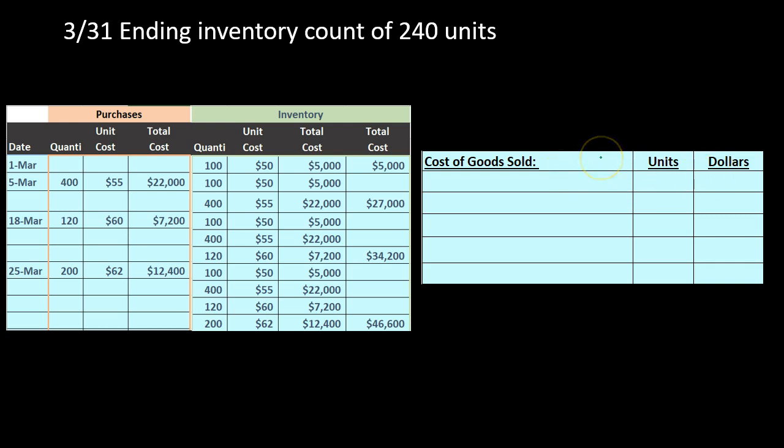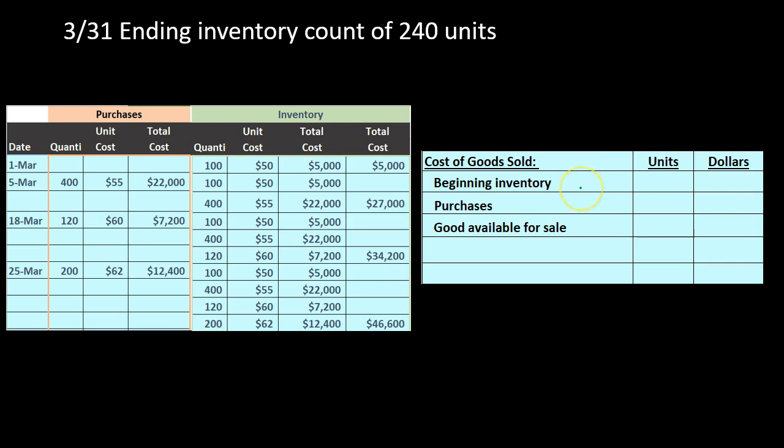Cost of goods sold calculation must be memorized. It's kind of an essential component, and it goes like this. We got the beginning inventory where we started at the beginning of the time period. We're going to say purchases, and then typically we have a subcategory being goods available for sale.